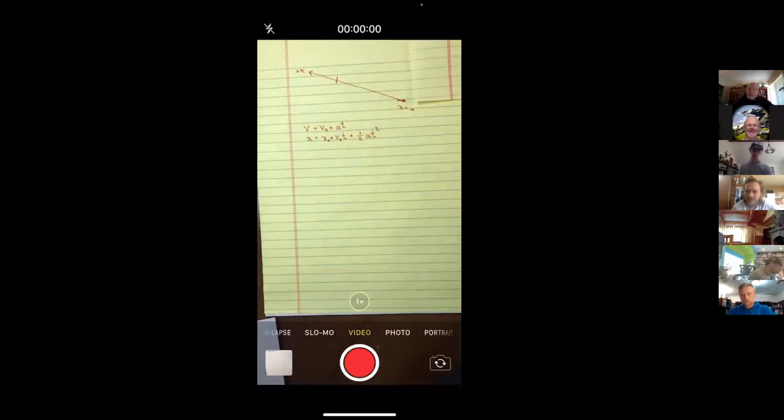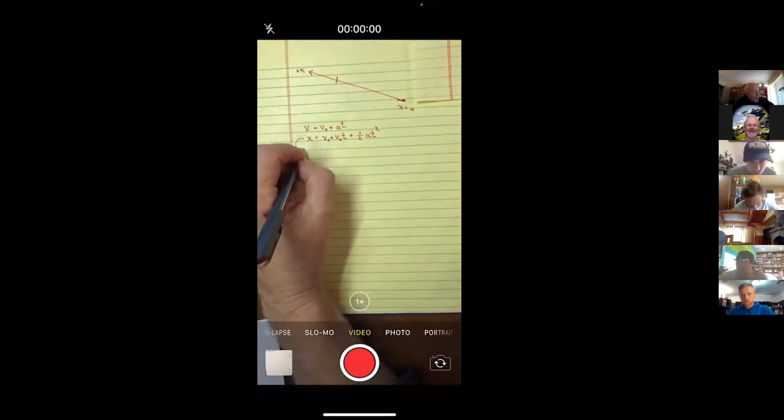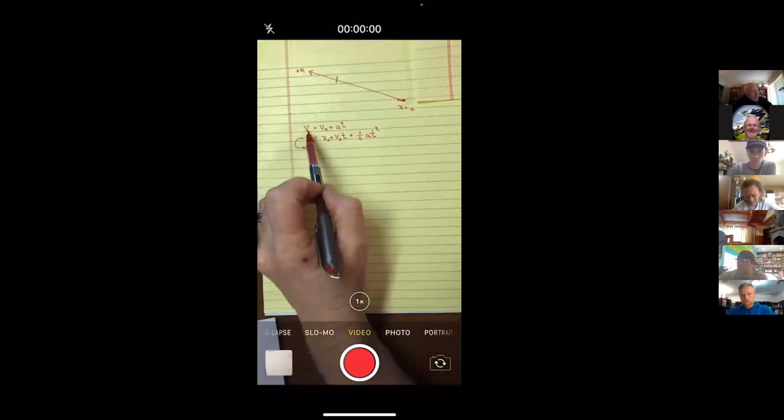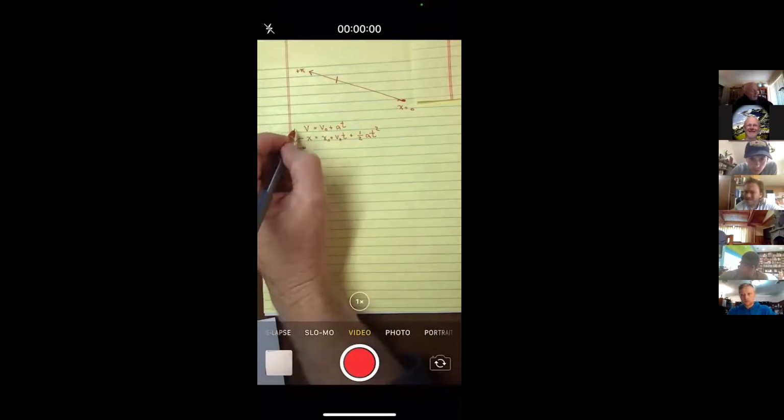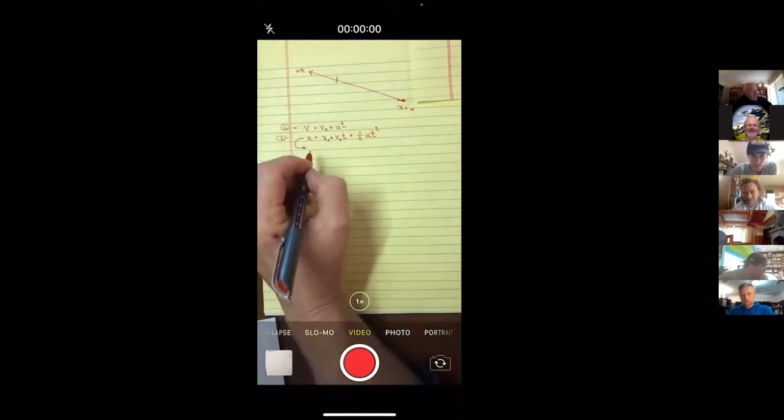Yeah. So, okay, so there's a couple ways we could do that. We could prove that to ourselves, or take it as given. I was going to do this. Maybe I'll do both. I was going to say, since I know this equation, what I call equation number 1, is valid because they gave it to me, that also means equation number 2 is valid.